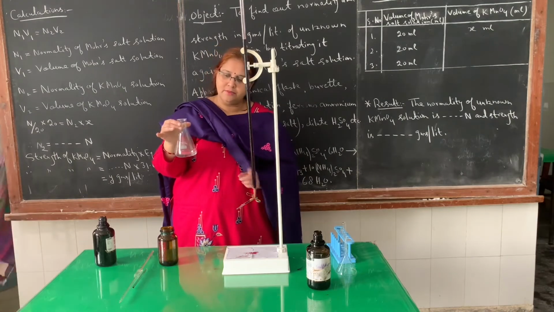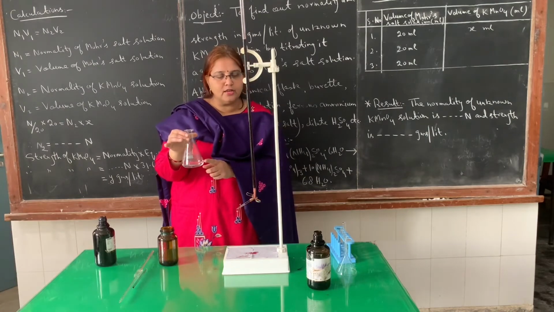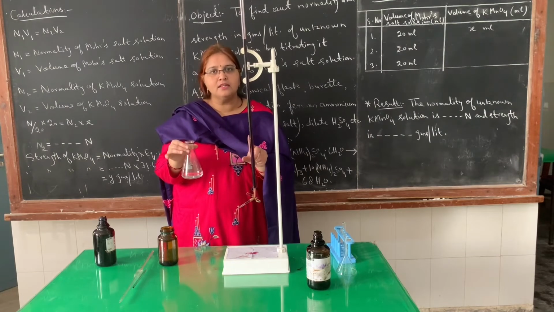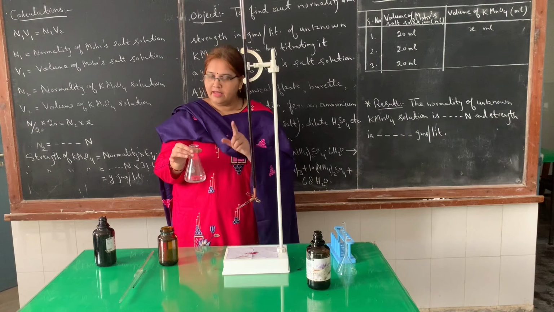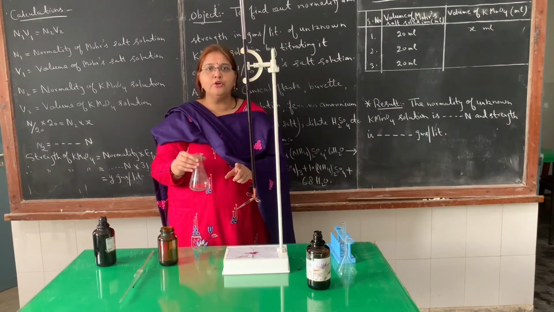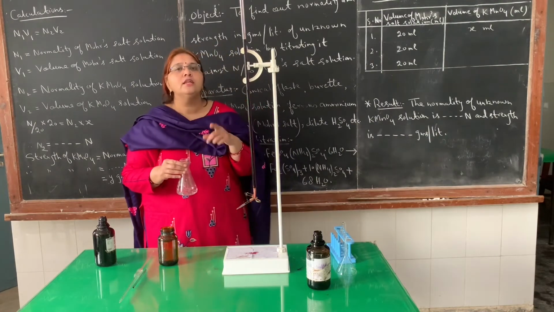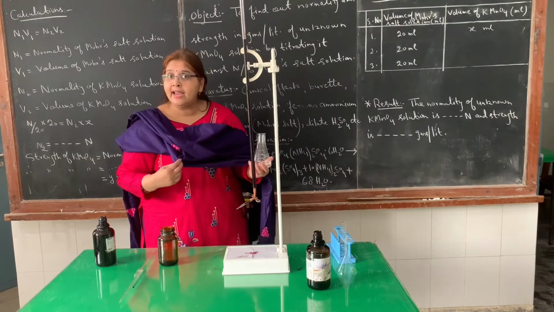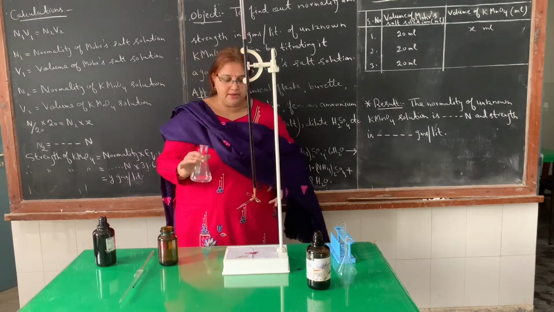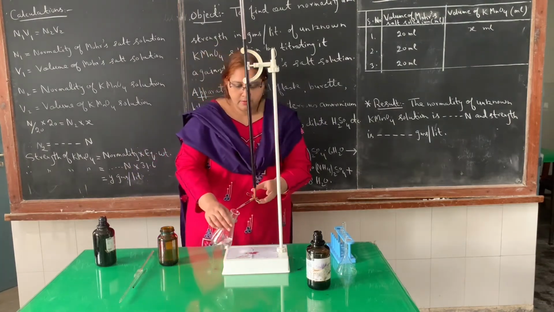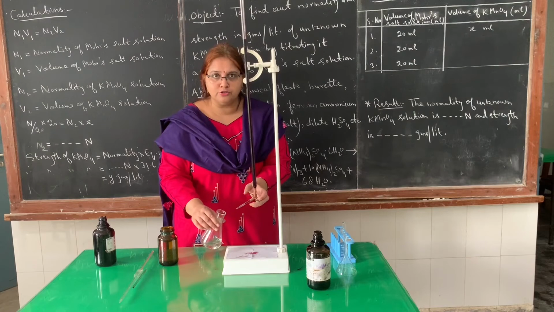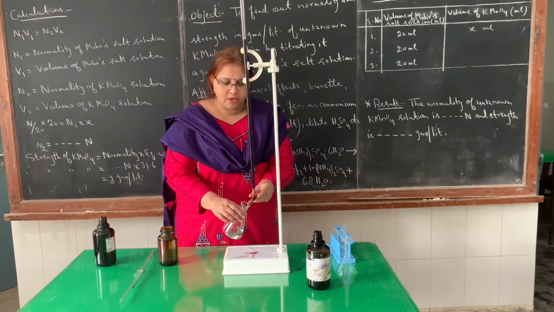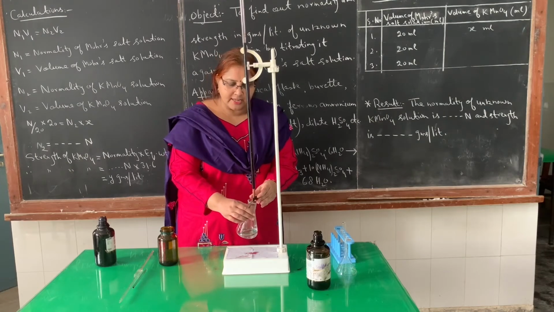As is visible, this is a colorless solution, whereas in the burette we have a purple colored solution of KMnO4. As we have already told you, the KMnO4 solution will act as a self-indicator. Therefore, we are not adding any indicator in this experiment. Now, we will add KMnO4 solution from this burette to this conical flask drop by drop with constant shaking.